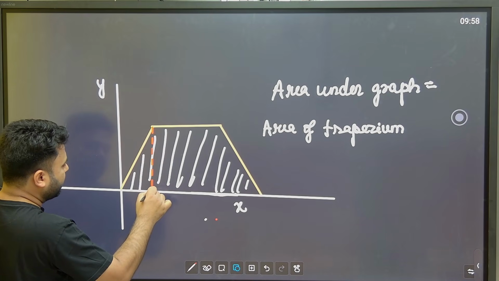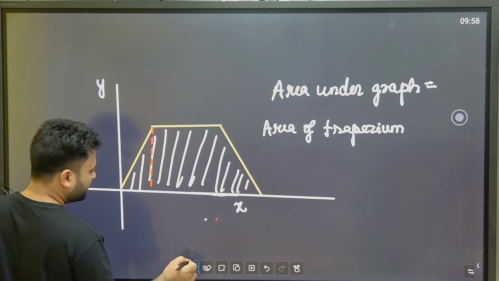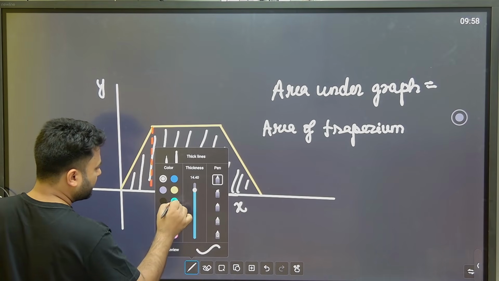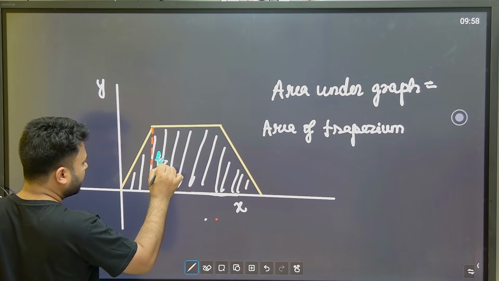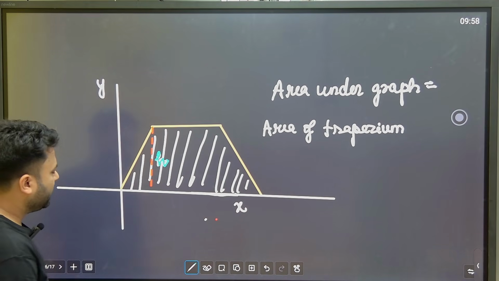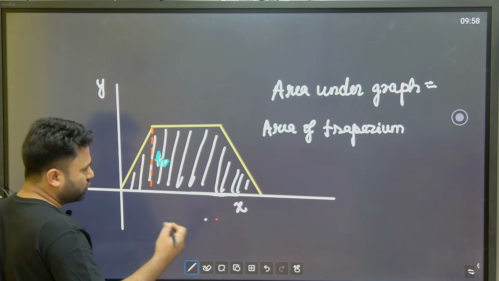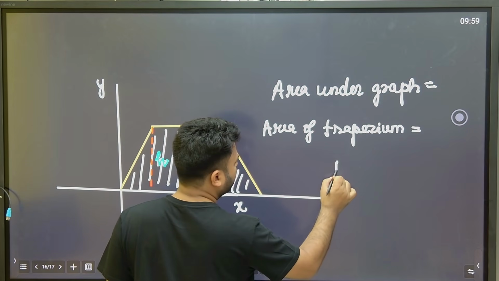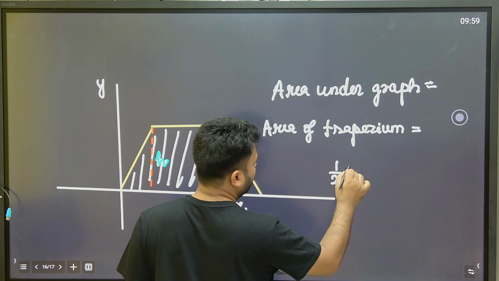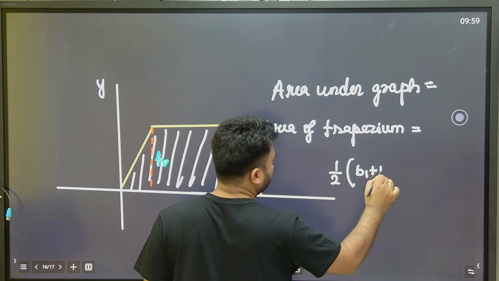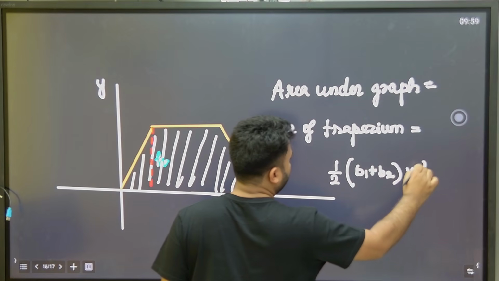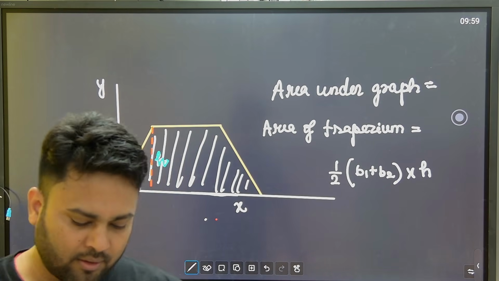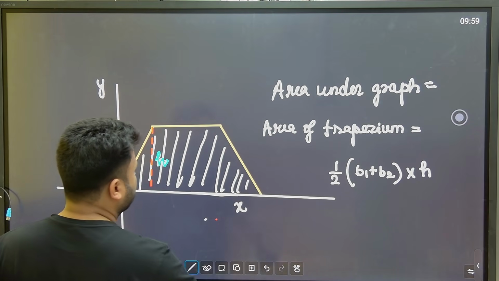Those who don't know, I will tell. Area of trapezium is half into base 1 plus base 2 into height. Half base 1 plus base 2 into height.